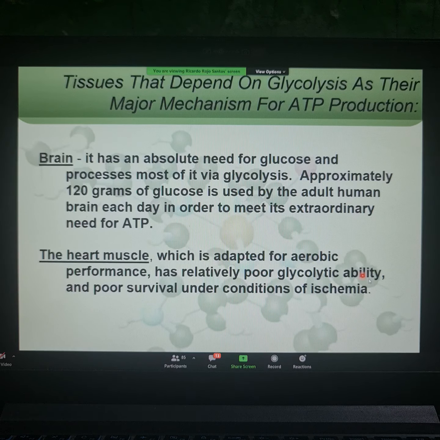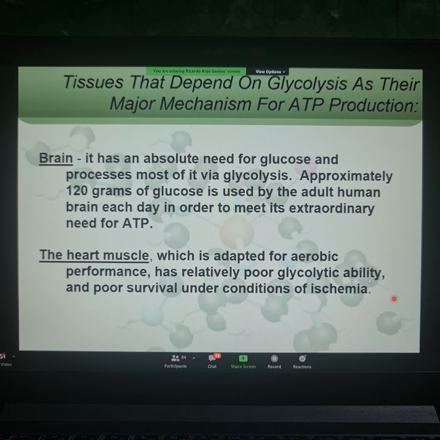is adapted for aerobic performance and has relatively poor glycolytic ability and therefore poor survival under conditions of ischemia. What do you mean by ischemia? Lack of blood supply, okay?